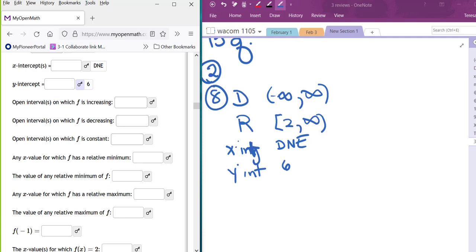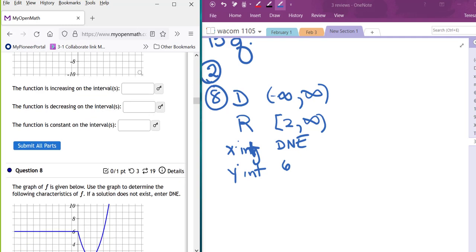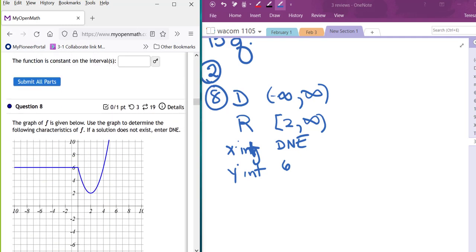All right. Increasing, decreasing, and constant. And we're supposed to write these in interval notation. So increasing, and you have to watch your pictures because some of them have multiple pieces that are doing that. So increasing is here. And when you're doing increasing, decreasing, and constant, you always use parentheses.